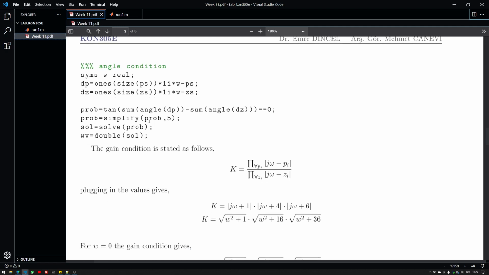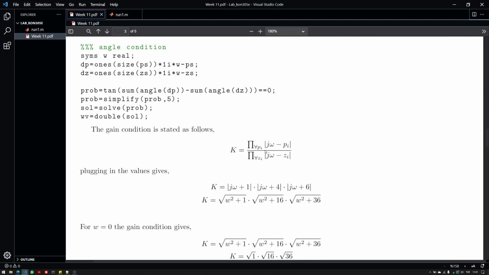Now, you can also see that there's a code for the part which is practically the same that we've coded here. Now, for the gain condition, for each pole we should determine the magnitude of j omega minus p, so the distance between the destination point and our poles should be multiplied, their modulus should be multiplied, and then the same for the zeros, and then the division should give us the gain value that is necessary.